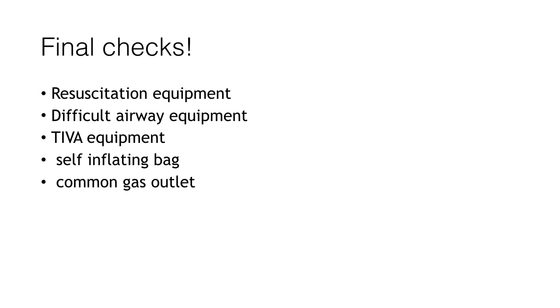If you are using total intravenous anaesthesia, which is an alternative means of delivering anaesthesia via IV anaesthetic agents for maintenance as opposed to volatile anaesthetic agents, you should be familiar with the pumps that you're using, and you should check these pumps before use. You should again double check that there is a self-inflating valve available for an emergency, and again double check that the configuration of the common gas outlet is correct, whether the common gas outlet is selected or the circle system is selected.